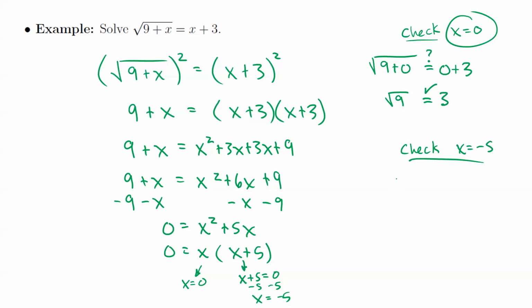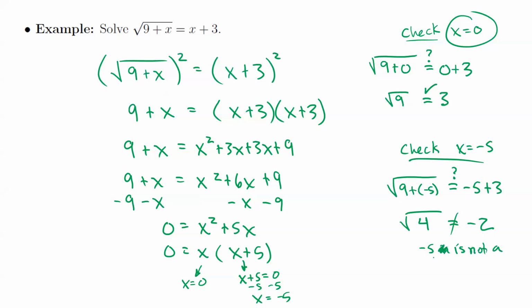So square root of 9 plus negative 5, does that equal negative 5 plus 3? Well, I'm going to get a square root of 4 equals negative 2. Well, that does not work, right? Square root of 4 does not equal negative 2. So that means that the negative 5 is not a solution. It's an extraneous solution.